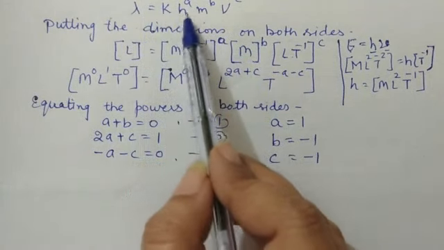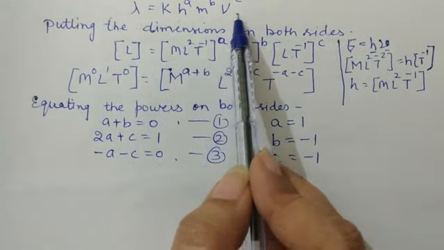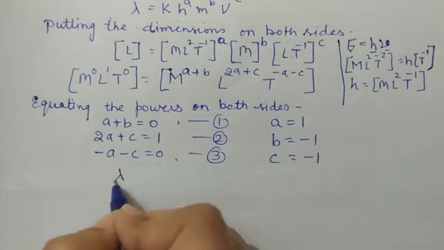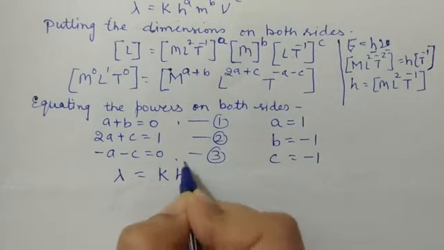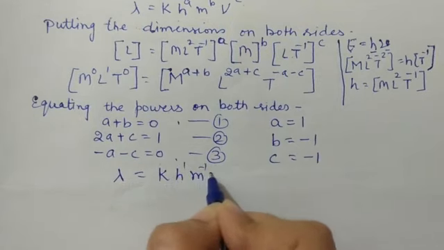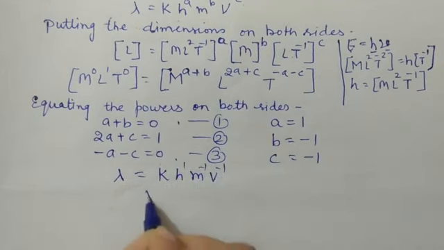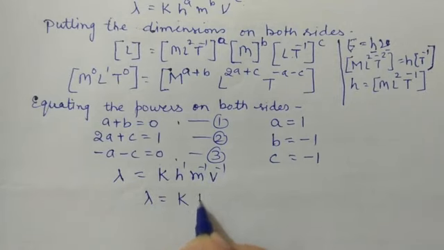Lambda is equal to k h raised to the power a, m raised to the power b, and v raised to the power c. So lambda equals k h1 m minus 1 v minus 1. So our formula is kh upon mv.